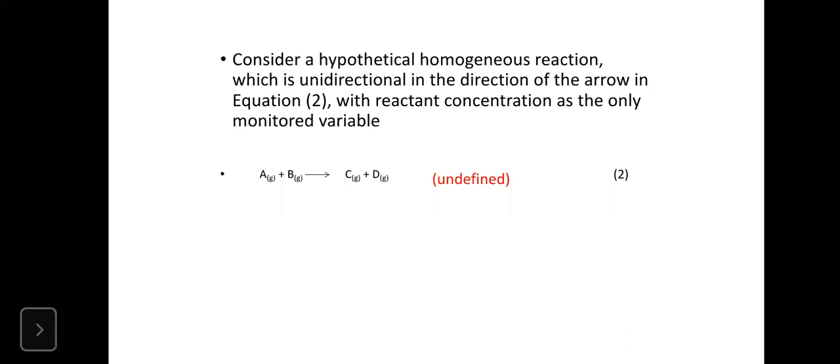B is a compound, or it can be an element. It's like carbon reacting with oxygen to give you carbon(IV) oxide. So A can stand for carbon, B can stand for oxygen, and then you have your product. That is what we call undefined, because I didn't name it as carbon reacting with oxygen, or hydrogen reacting with nitrogen. So when you see an equation represented by A, B, C, D, and letters like that, you refer to that as an undefined equation or general expression.